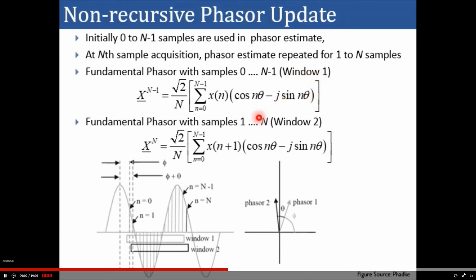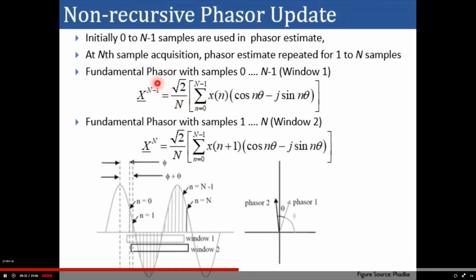Now for window 2, when the samples are taken from 1 to capital N, the phasor value, say X_N, will be given as root 2 by N, sigma n equal to 0 to capital N minus 1, x_{n+1} (cos n theta minus j sin n theta).